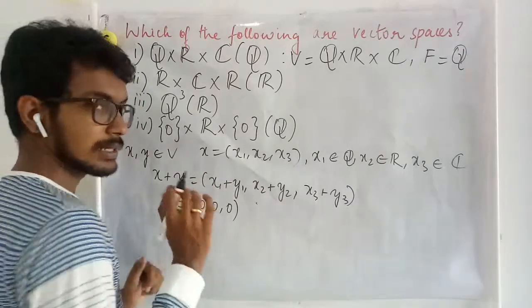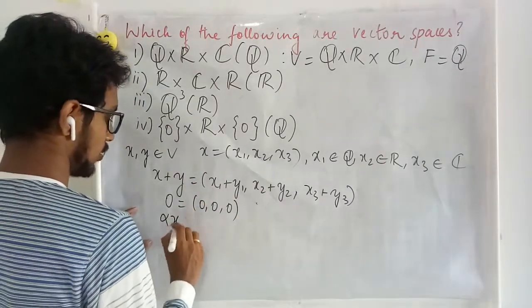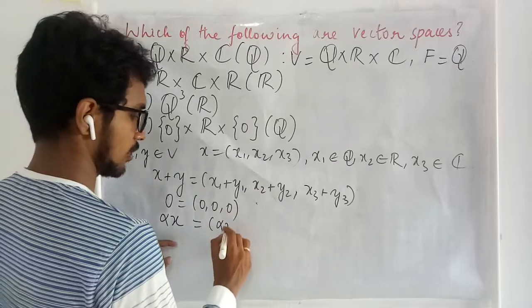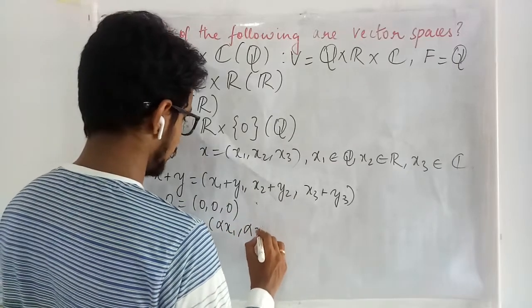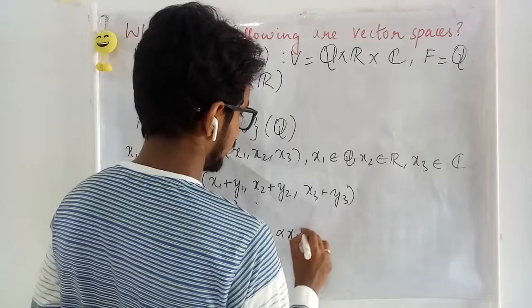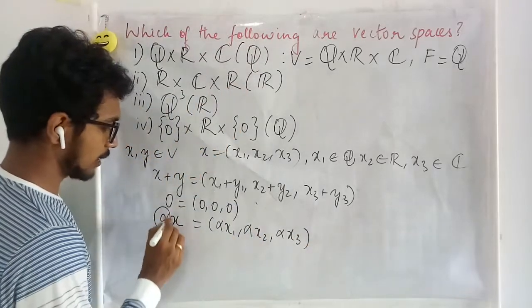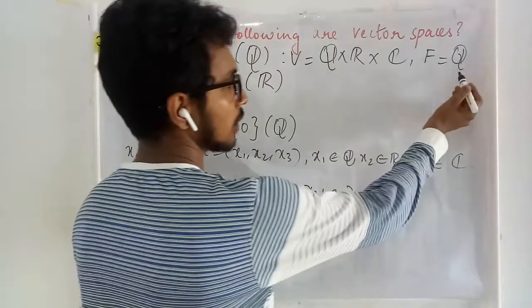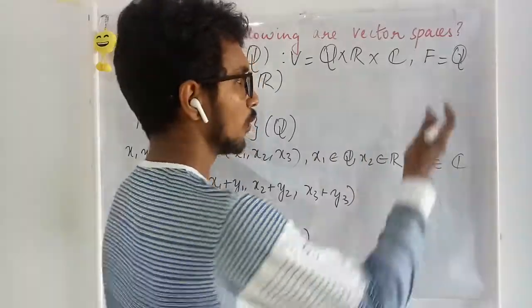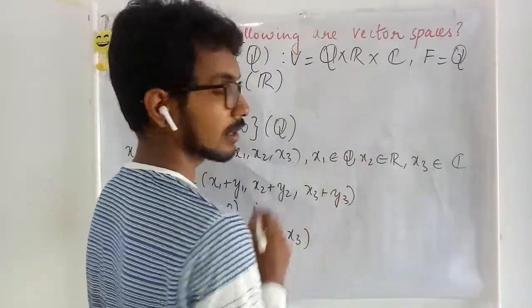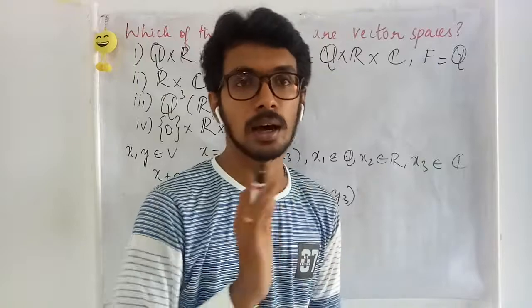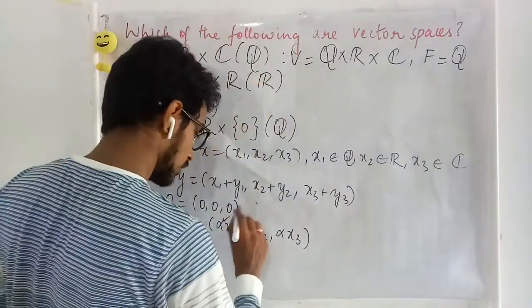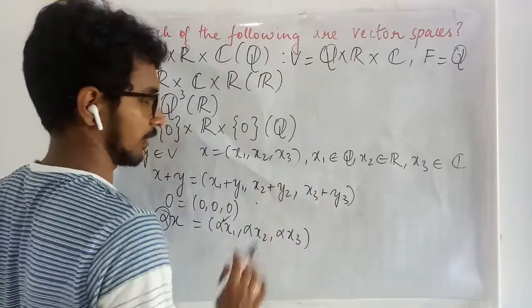Now, the question comes for scalar multiplication. Here it is defined in this sense only. Here, the scalar that we are going to take is a quantity from the rationals. When we multiply a rational with another rational quantity, we are going to get a rational quantity. So, this is valid, fine.